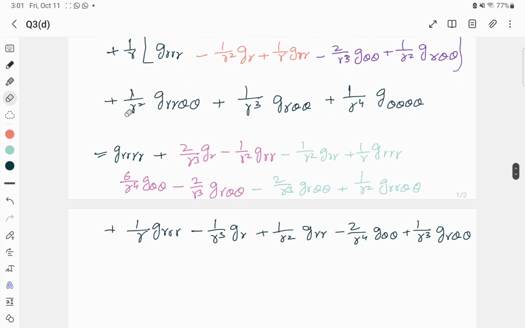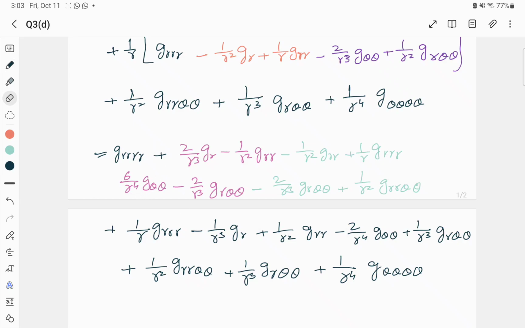And from this last step, we have already simplified everything. That's 1 over r squared g r r theta theta plus 1 over r cubed g r theta theta plus 1 over r to power 4 g theta theta theta.